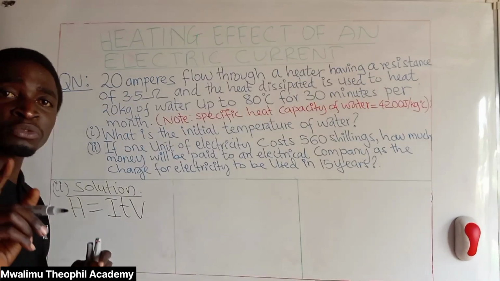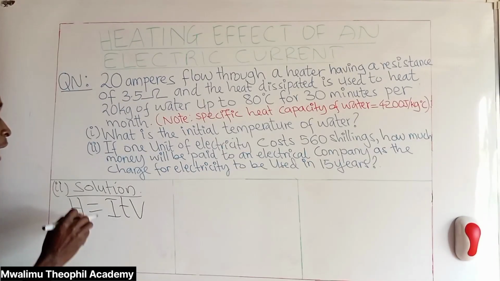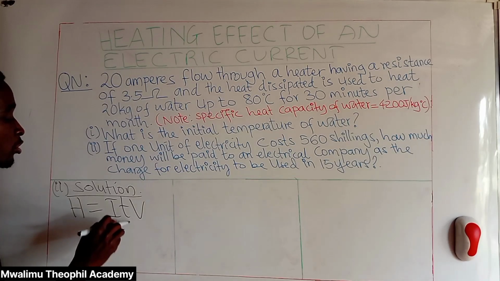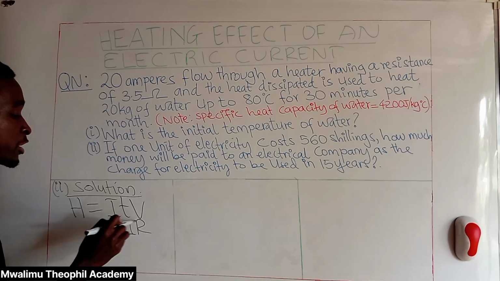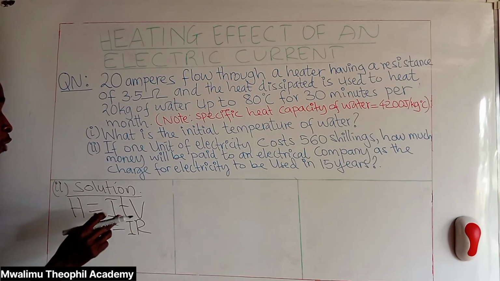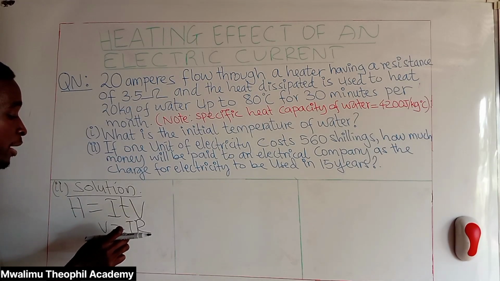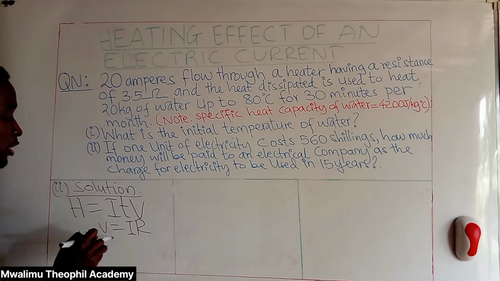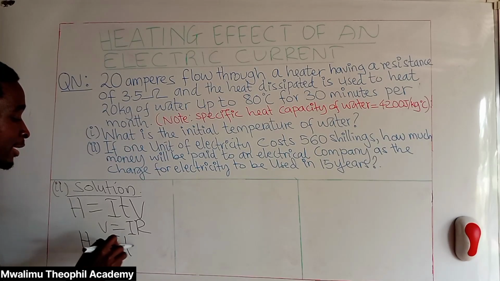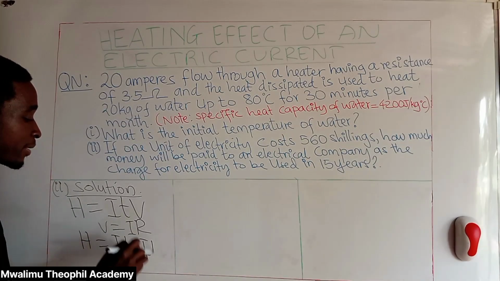But according to Ohm's law, V is equal to IR, current times resistance. Now, when we substitute V with IR, we get heat dissipated is equal to IT times IR.